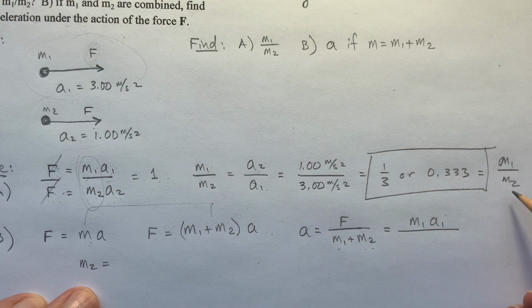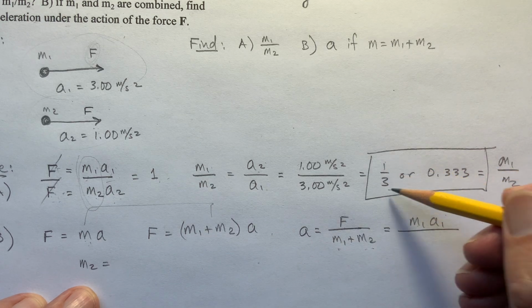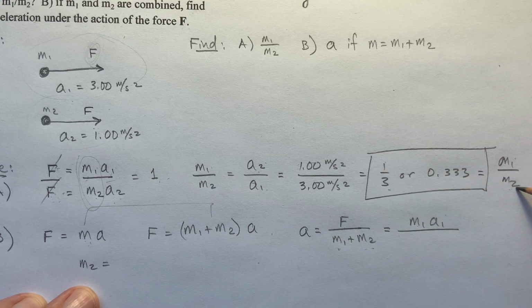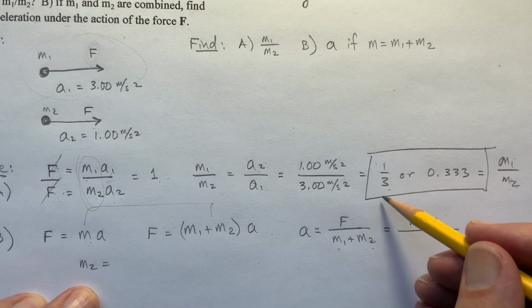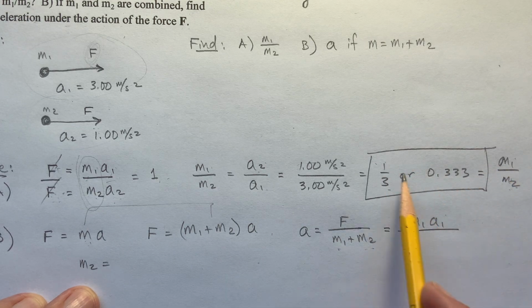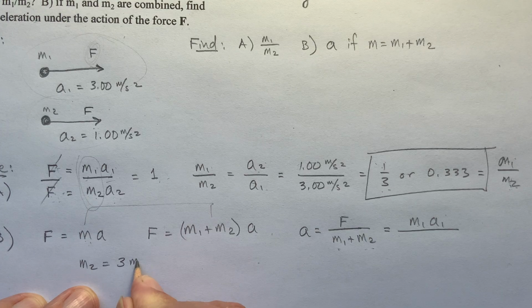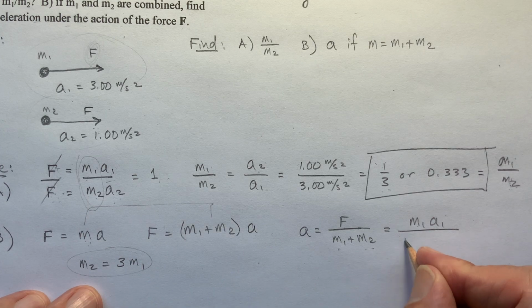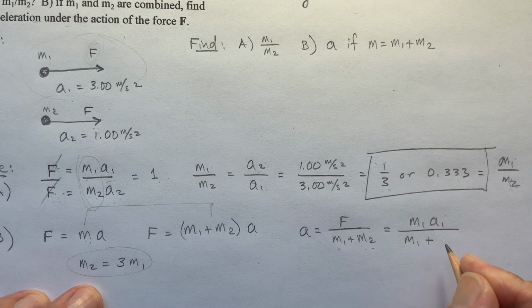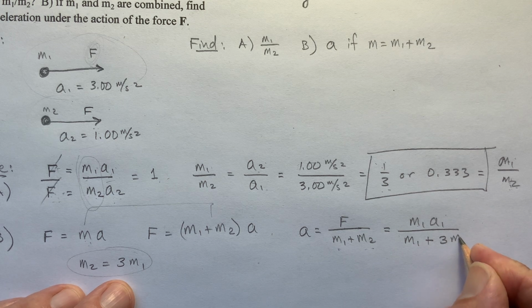If 1 over 3 is equal to m1 over m2, then m2 is equal to, just cross multiply, 1 times m2, which is just m2, is equal to 3 times m1. So now I can substitute for m2 in here. So this is going to be m1 plus 3m1.